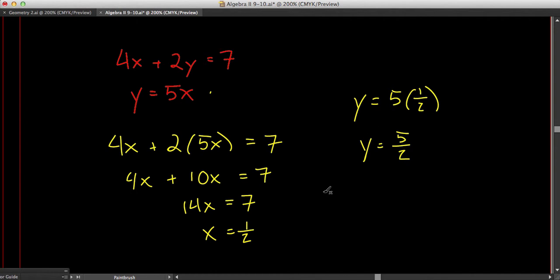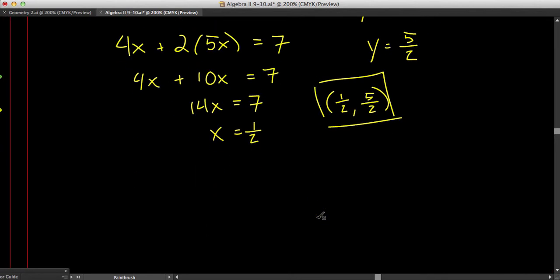So our solution would be 1/2 comma 5 halves. Okay, so that one's pretty simple. Let's look at one that maybe involves a little bit more to it.